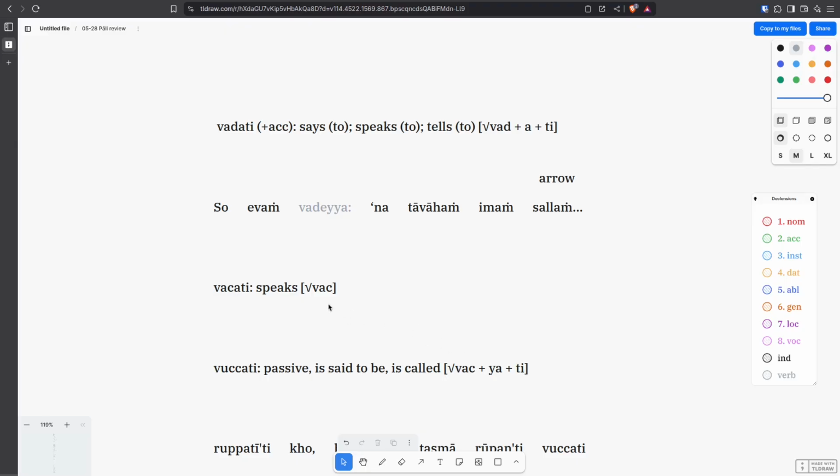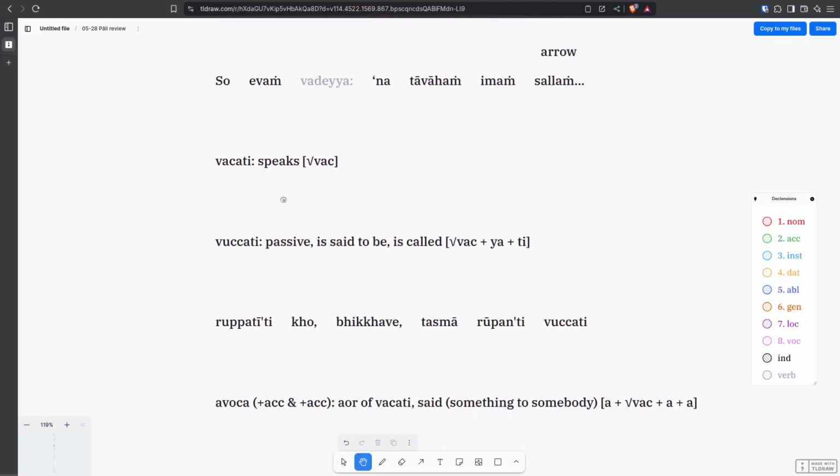In the language, the connection between words is that the roots become conjugated, they receive declensions, and they look sometimes very different from their original form, but you can recognize the connections between them by recognizing the roots or the different meanings, like vadati from vad, vachati from vach. Vachati is just speaks.